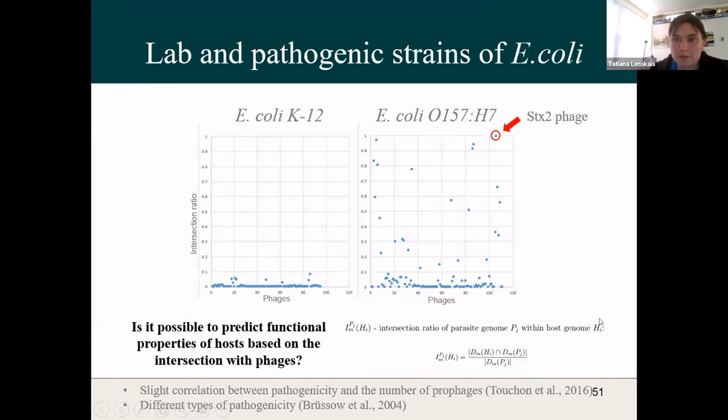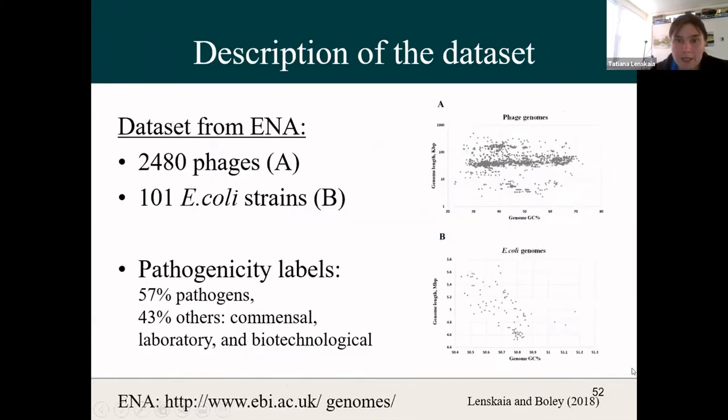So here we analyze a set of 2,480 phages downloaded from ENA, and in a bit I'll show you how to obtain those genomes, and 101 different E. coli strains. This data is balanced because it has about 57% pathogens and 43% other strains, like commensal, laboratory, and biotechnological.